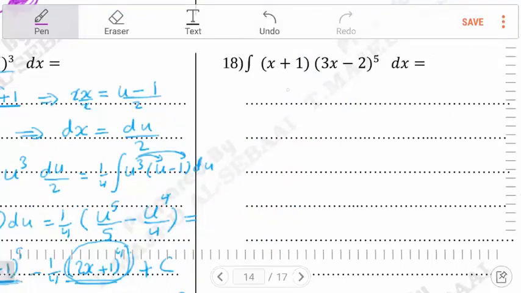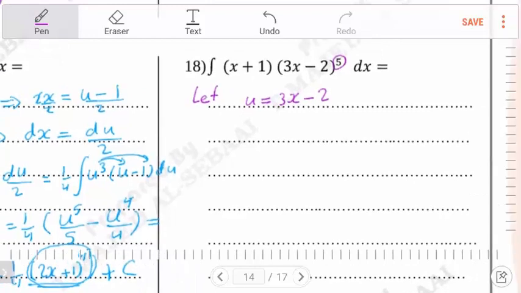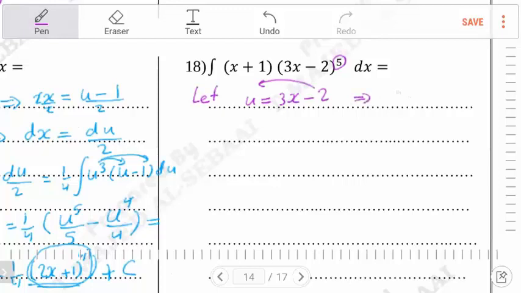What is the appropriate substitution here? What is the proper one? What do you say? Let u equal. Now make the x the subject. We will take the 2 next to u, so 3x equal u plus 2, divide both sides by 3.